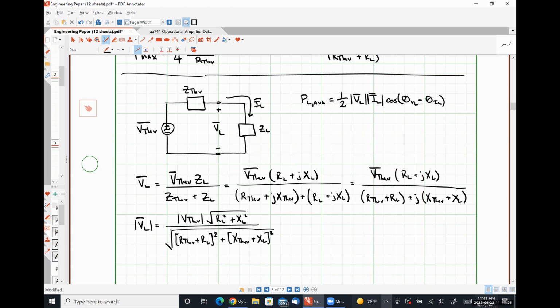Should make sense because the magnitude of the complex number should just be the square root of the real part squared plus the imaginary part squared. We're literally just applying that to all of the rectangular portion.